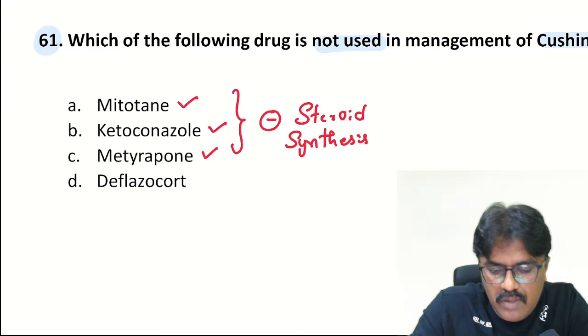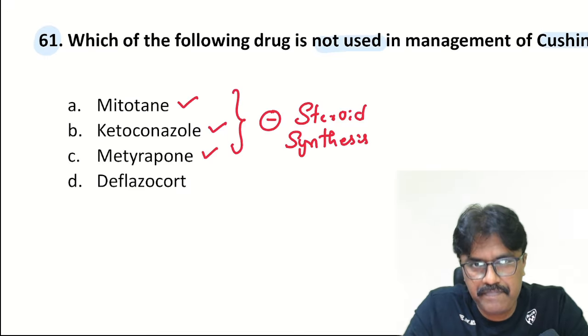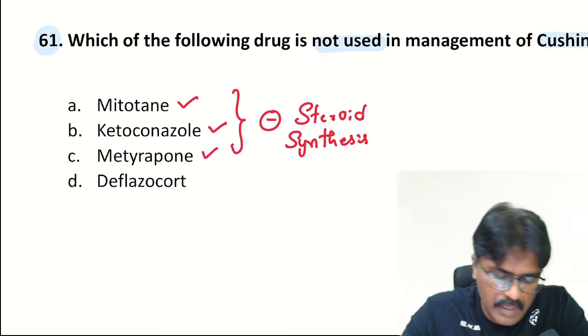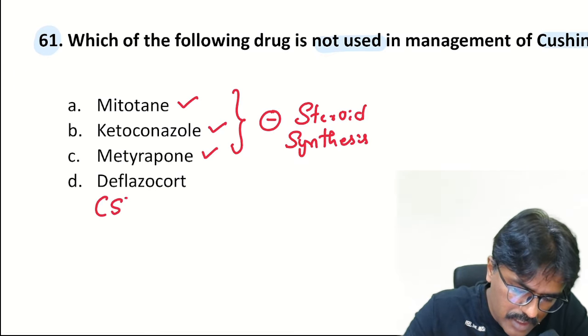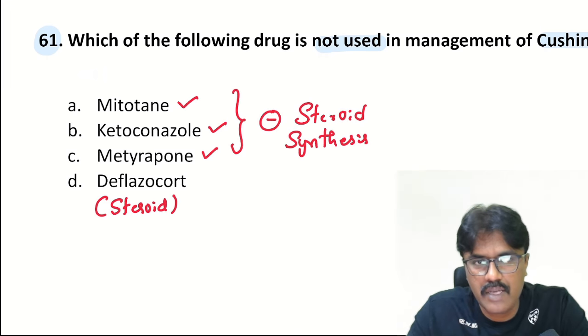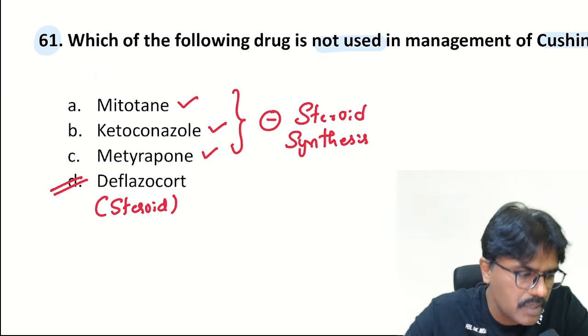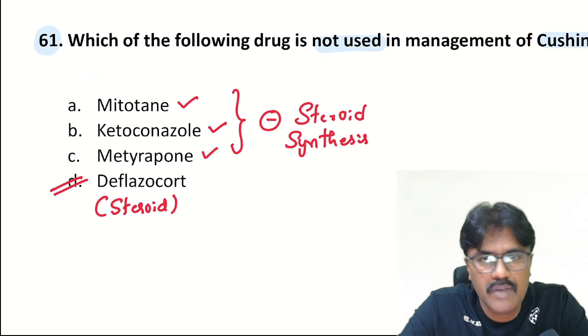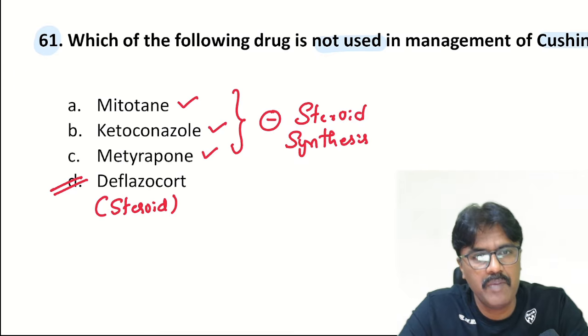In Cushing disease, steroid is already high, so we inhibit that. Deflazacort itself is a steroid. Will you give deflazacort? No. So deflazacort is the answer which we don't give in Cushing disease, because it itself is a steroid.